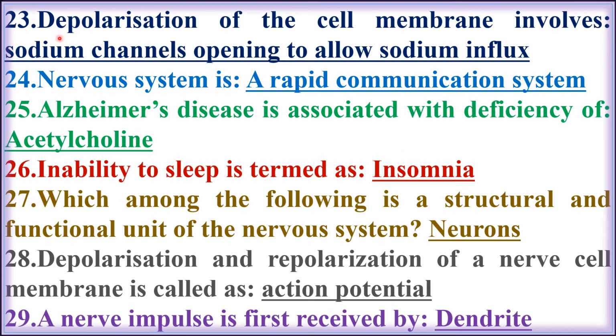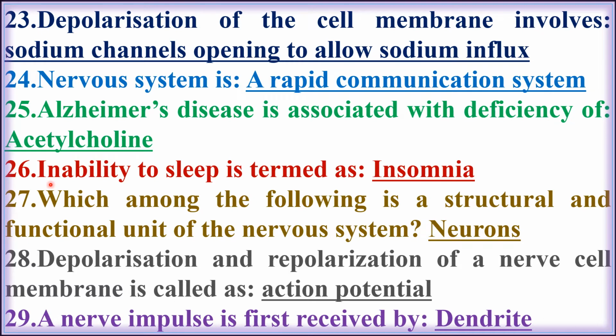Next, depolarization of the cell membrane involves sodium channel opening to allow sodium influx. Next, nervous system is a rapid communication system. Next, Alzheimer's disease is associated with deficiency of acetylcholine neurotransmitter or cholinergic neuron.